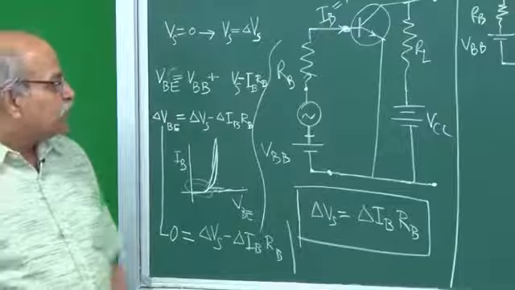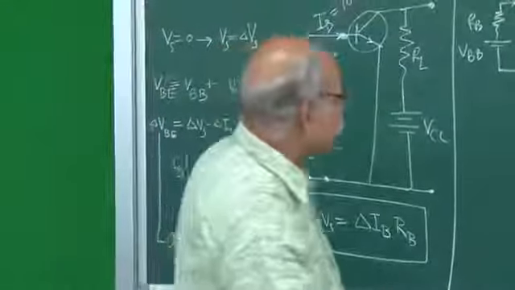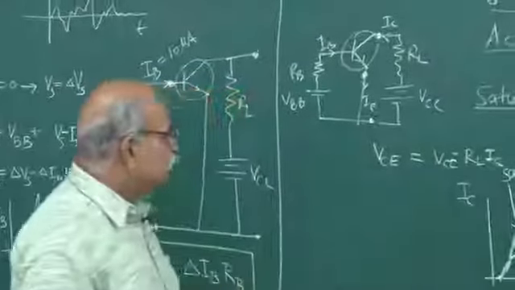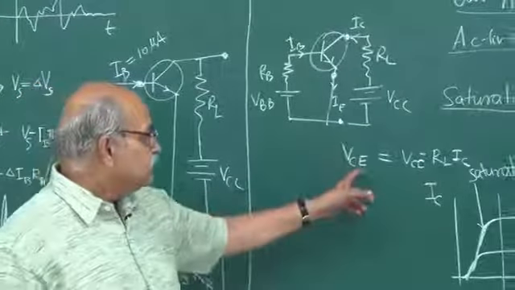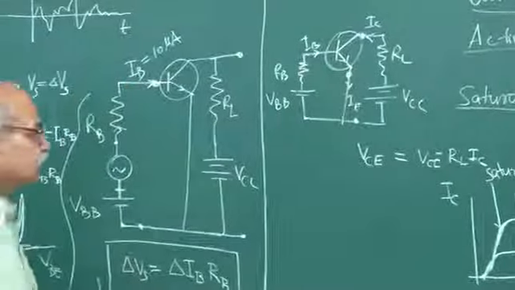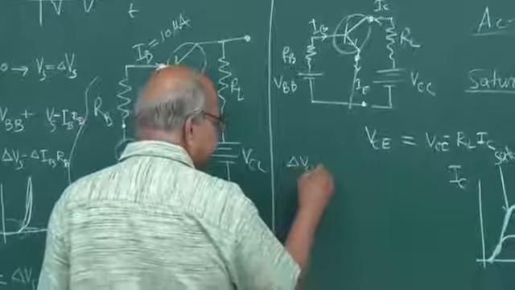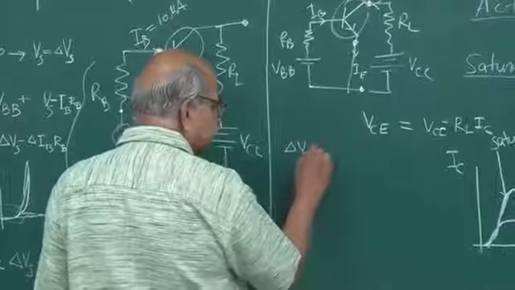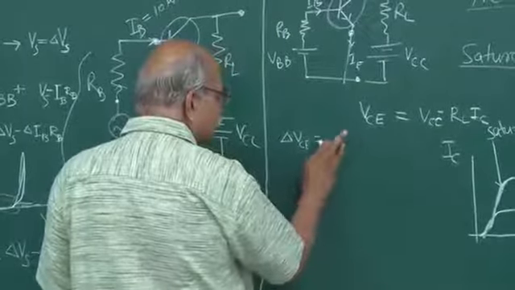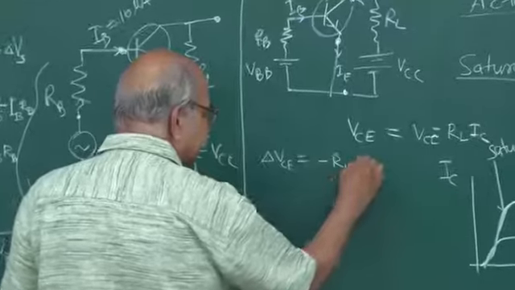Now let us look at what happens on the output side, on this side. For this we already have this equation: VCE is VCC minus RL IC. So if I write delta VCE, and remember VCE is your output voltage, it is delta VCC, which is 0, and then minus RL will remain there and delta IC.